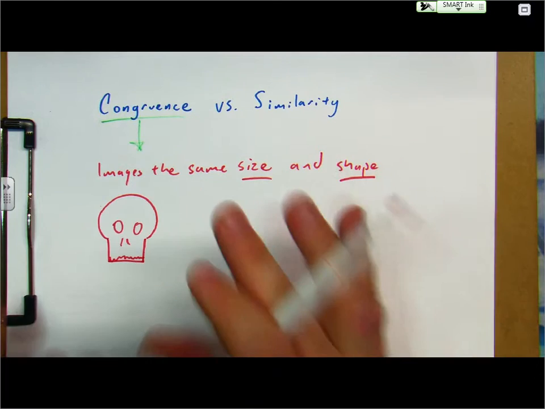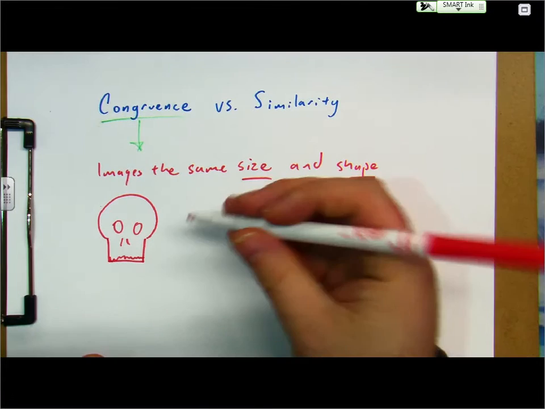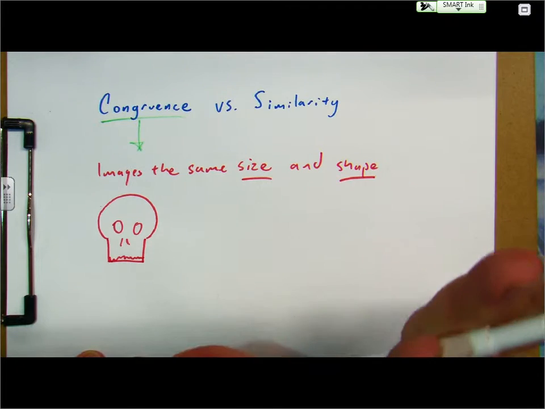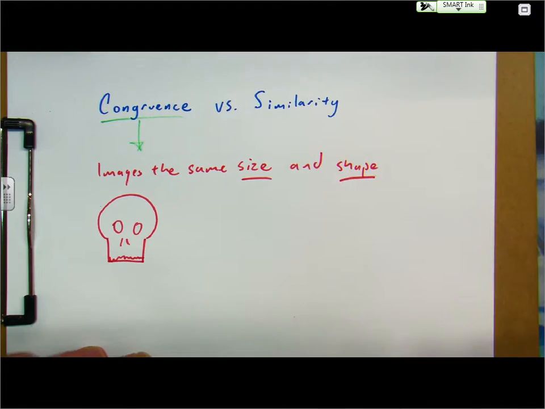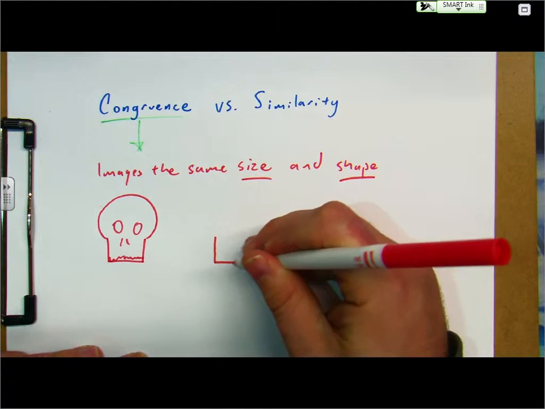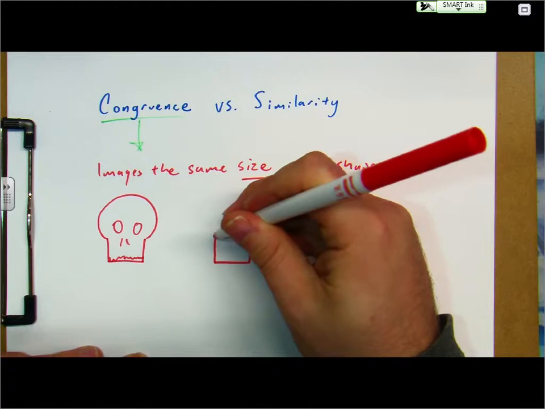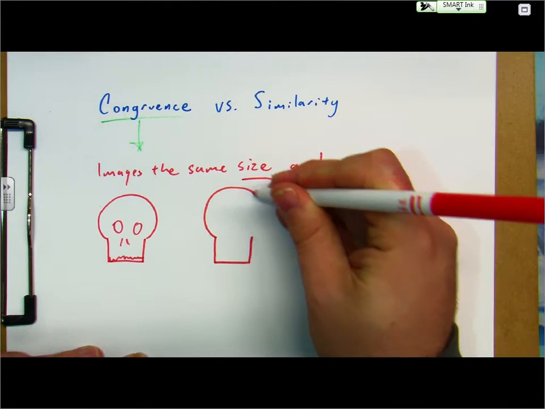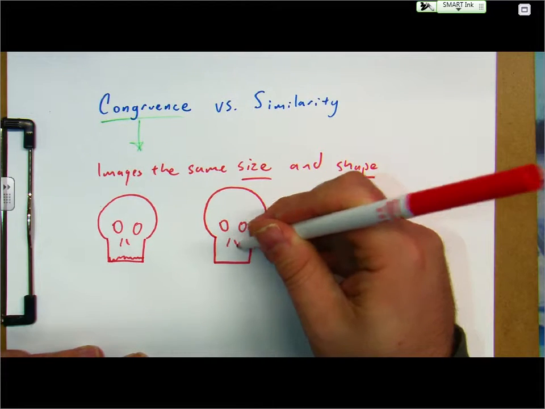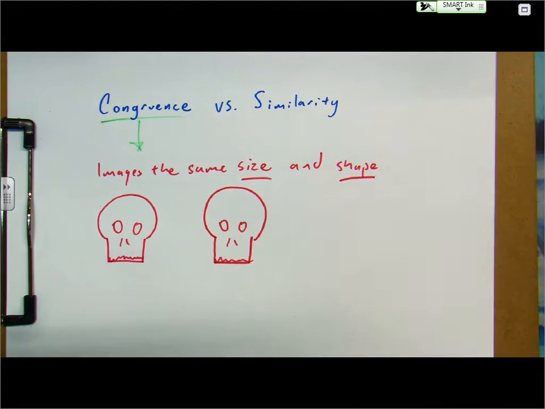So here is a skull. Now, if I were to draw a skull exactly the same, and just be kind and assume that I am drawing this exactly the same, imagine my hands are better than they are and I was able to do this perfectly.